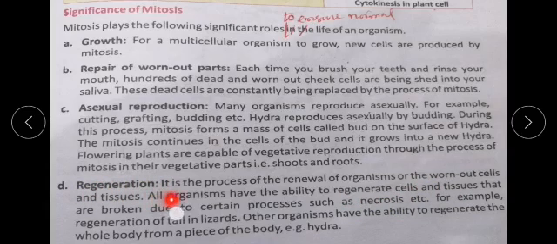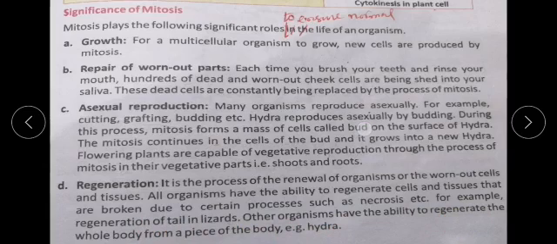Most organisms have this capability of regeneration of these worn out cells, tissues and parts. Other organisms have the ability to regenerate the whole body from a piece of body, like Hydra.